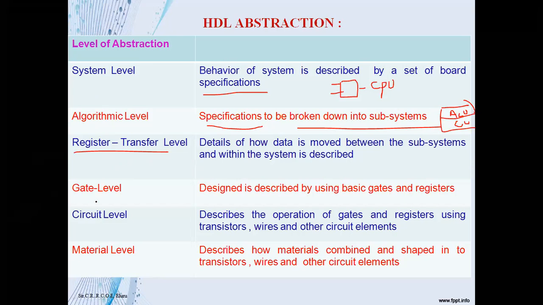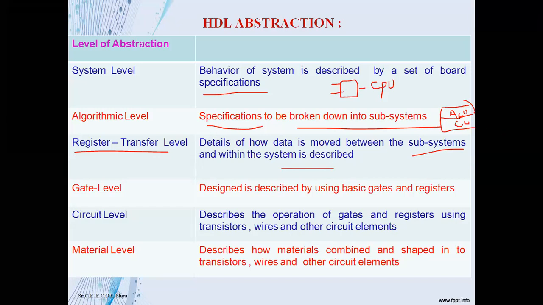Now what does this register transfer level do? This level describes the data: how the data is transferring between the subsystems and within the system. With respect to the CPU, how the data is manipulated can be described by the RTL, that is register transfer logic.